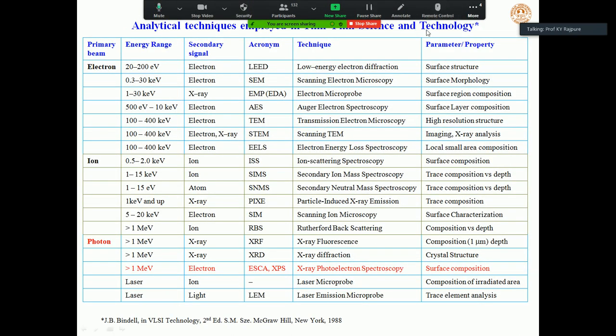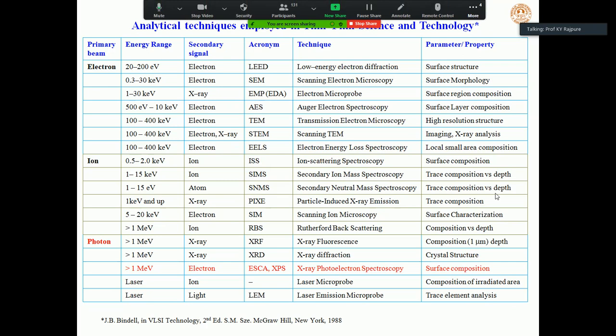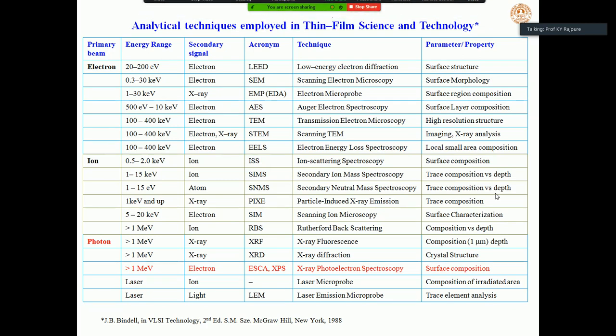This is the list of the analytical techniques employed in thin film science and technology. Keep in mind, this X-ray photoelectron spectroscopy is employed in thin film technology also, where when we prepare a material, this material is treated by an electron beam or ion beam or photon beam.